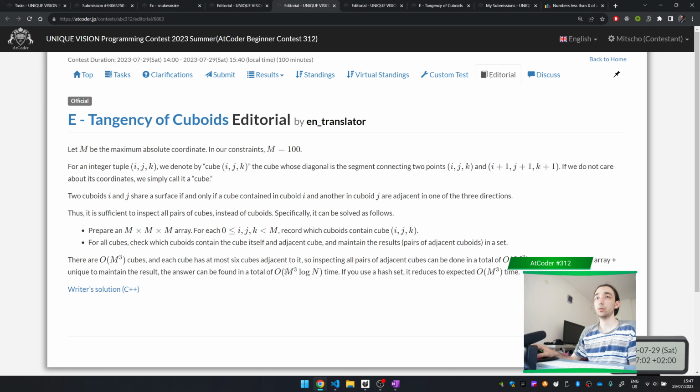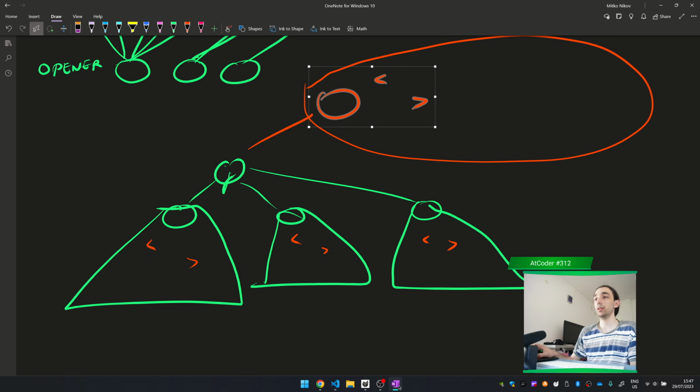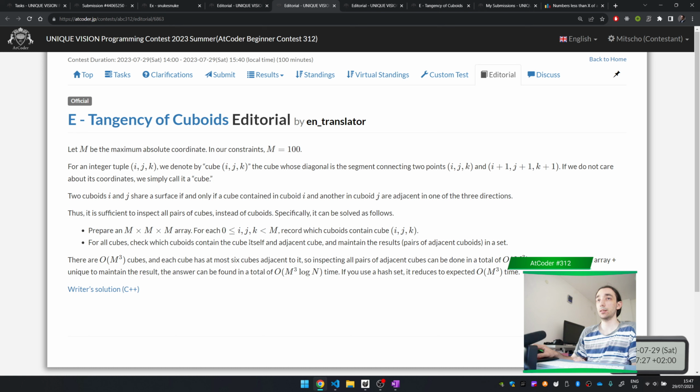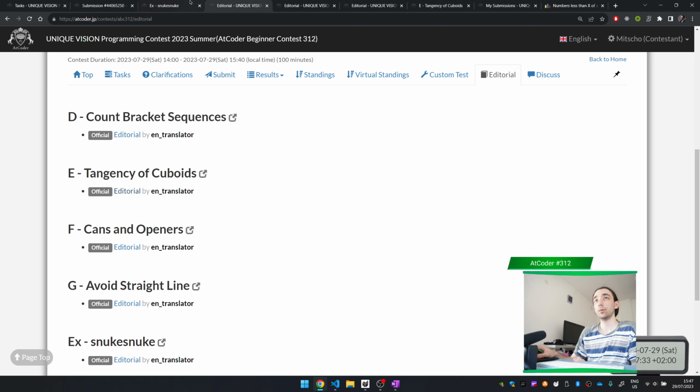Because we know that it doesn't intersect, it doesn't contain one cube in another cube, it means that we're going to go through the volume of each cube and see if somehow it matches some other cube, and if it matches, yeah. So that's stupidly simple to code.